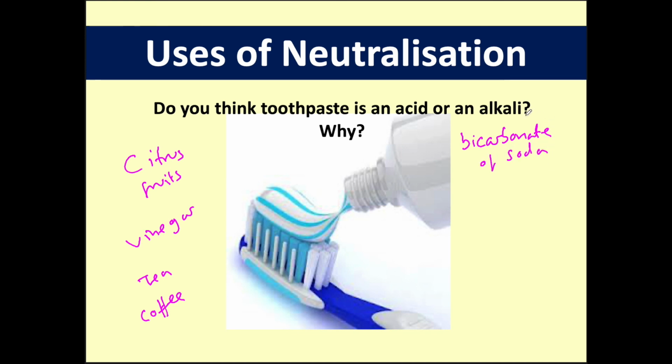But other than that, there aren't actually very many alkalis that we would ingest. So because lots of our foods and drinks are acidic, the purpose of our toothpaste is to neutralise acids, and therefore it must be an alkali. So it helps prevent the tooth decay because acids are building up around our teeth during the day from the food and drink that we eat.